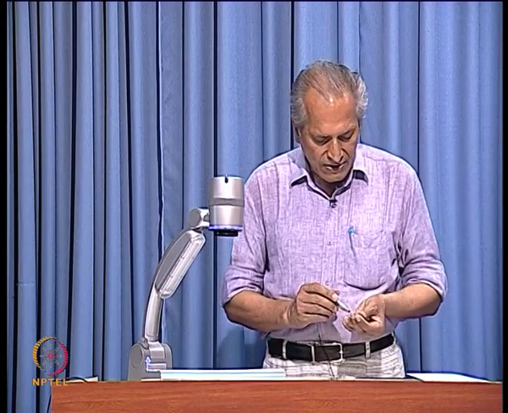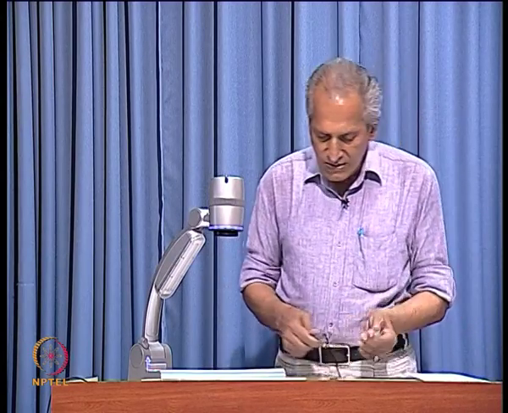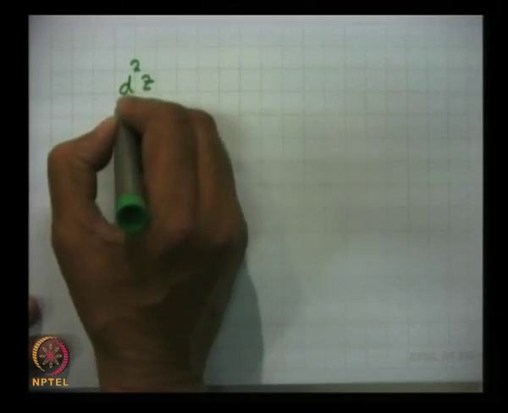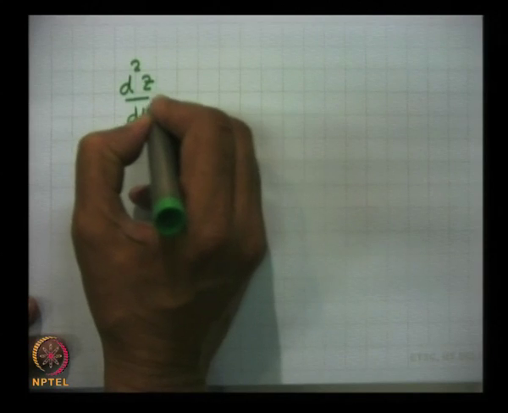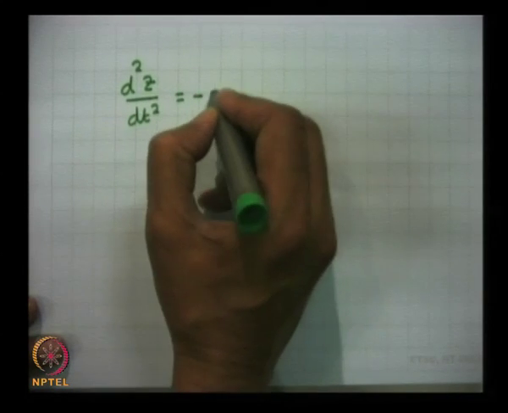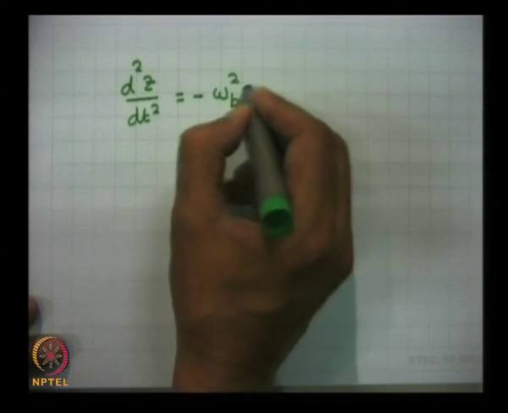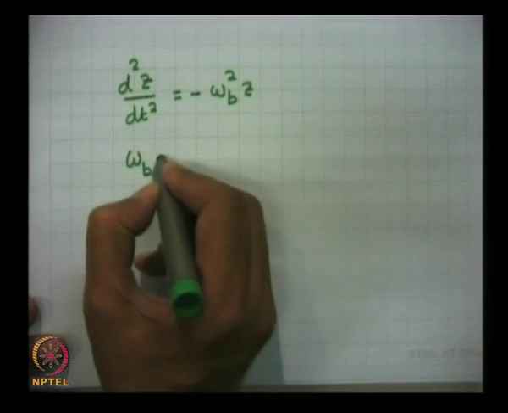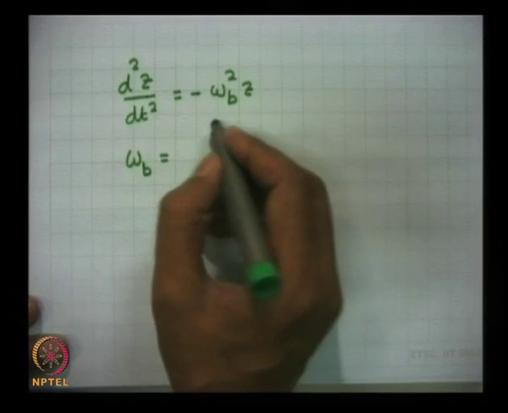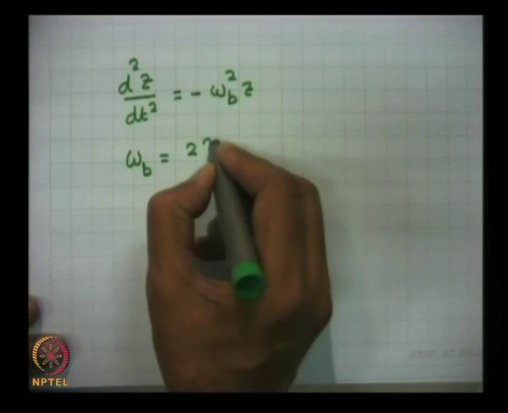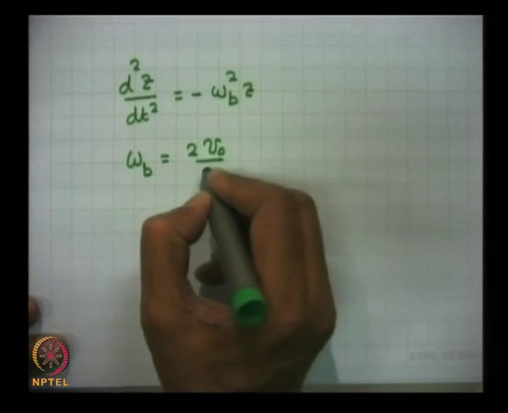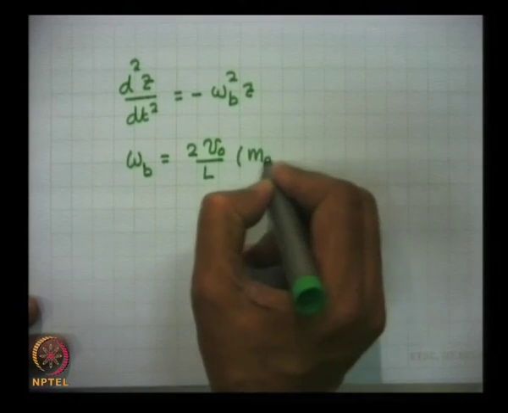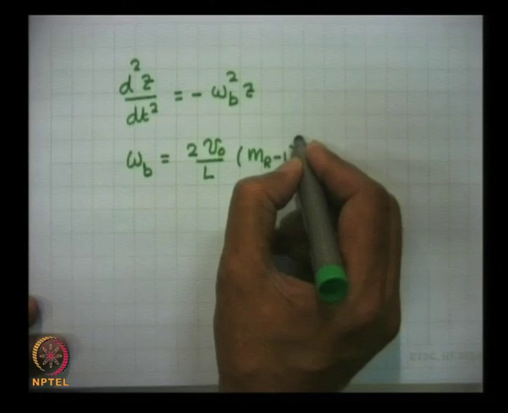It so happens that this equation takes the form d2z by dt square is equal to minus omega bounce square z, and the bounce frequency omega of electron motion turns out to be twice V0 upon L into mirror ratio minus 1 to the power half.